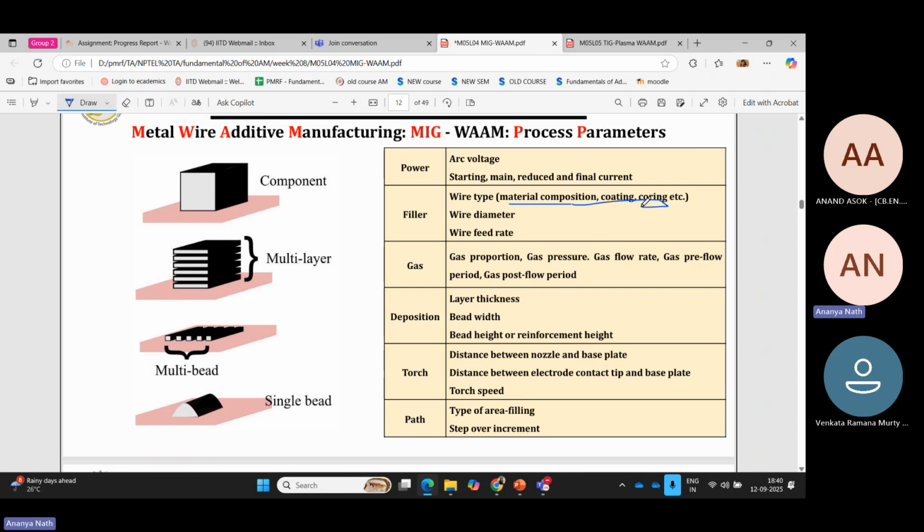Then gas. If you are putting the appropriate amount of gas, you are going to protect the process from contaminants, atmospheric moisture and oxidation. But if you are putting more gas than required, then you can eventually disturb the process, disturb the melt pool.